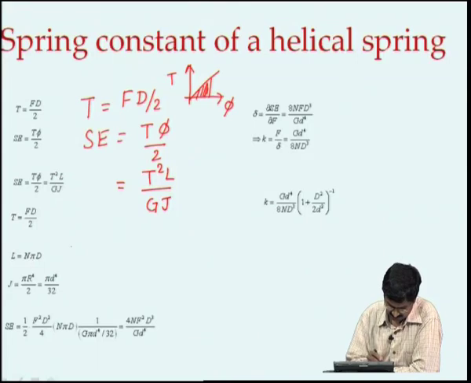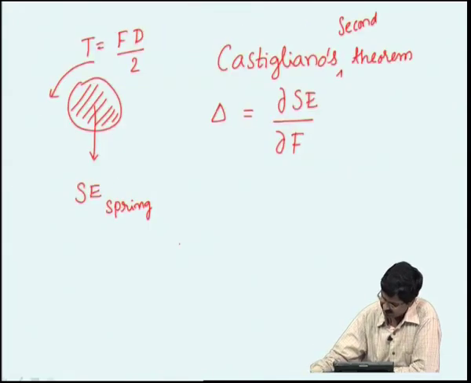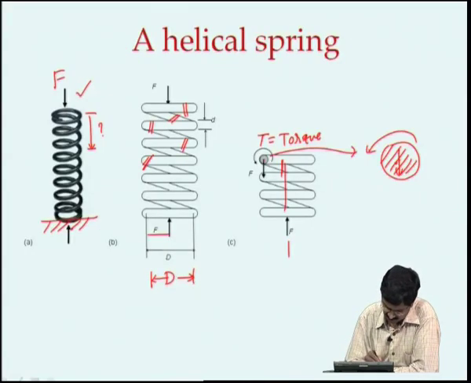Then we can substitute for T, F d, and also the L here is n times pi d. How does that come about? Pi d is, if I take each turn of this spring here, this is pi d, one coil, and I have n turns like that in a coil. That is the total length.